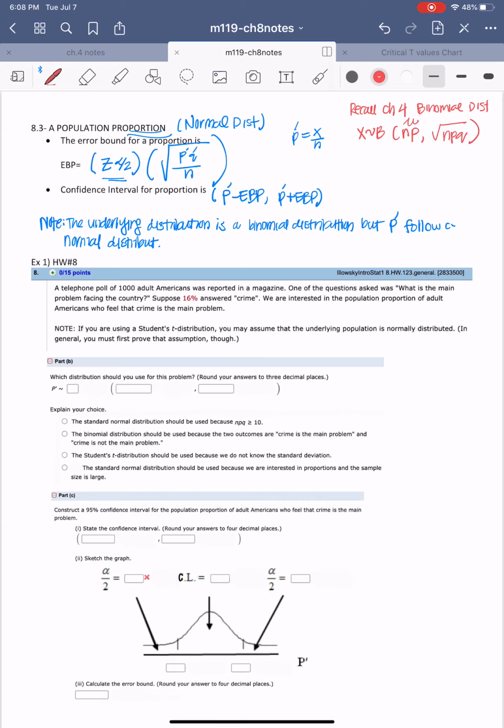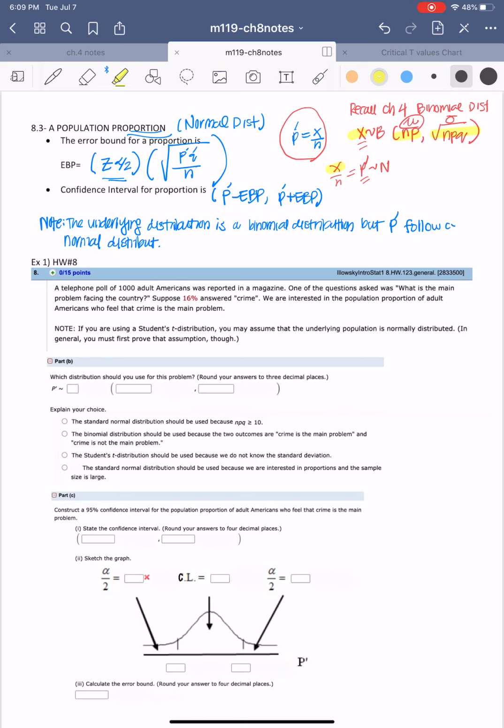Since p hat follows a normal distribution, we need to calculate the mean and then standard deviation. The mean was calculated as np, and then standard deviation is npq. But it's technically not X we are dealing with. We are dealing with p hat. What is p hat defined as? That's basically X over n. So I have all the X set up here. You see that X is defined as np, npq. So I just have to modify this.